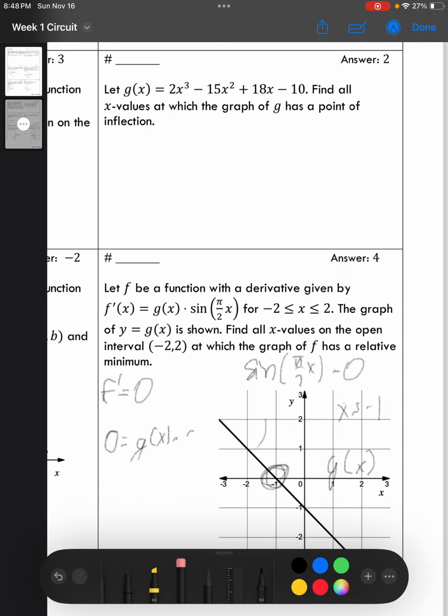So, g of x times sine pi by 2x. We need to find where sine of pi by 2x is equal to 0. So that's where this interval comes really handy. If we remember, pi is somewhere around 3.14. That means pi by 2 is somewhere around, let's say, 1.62 or something, right?